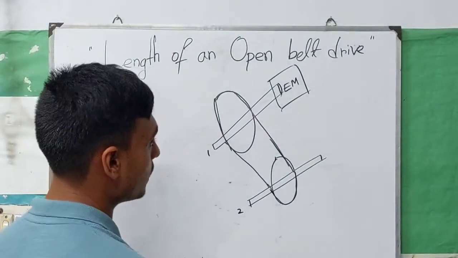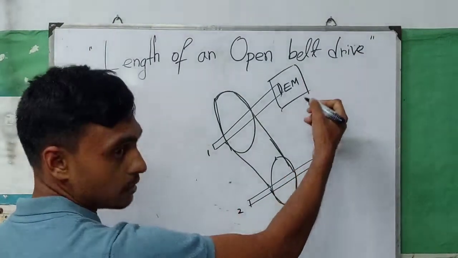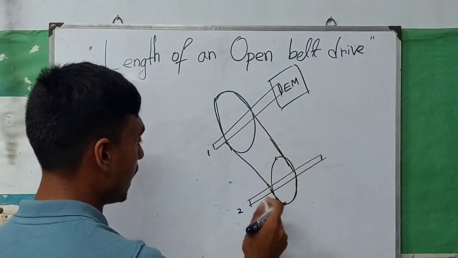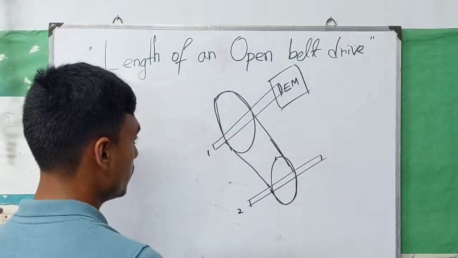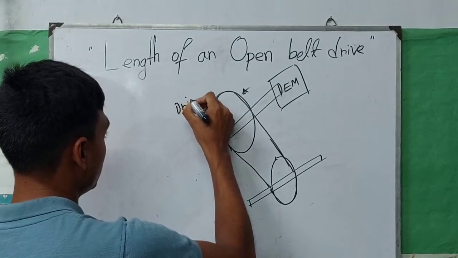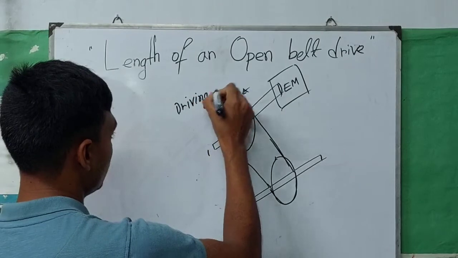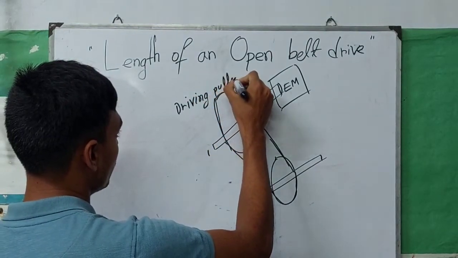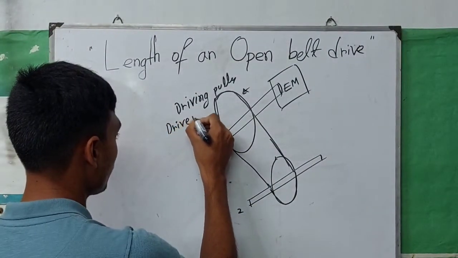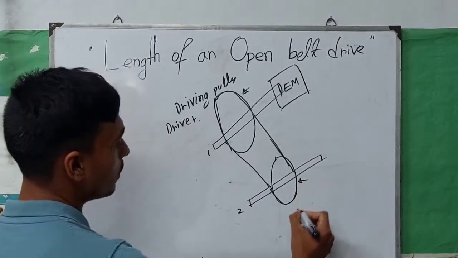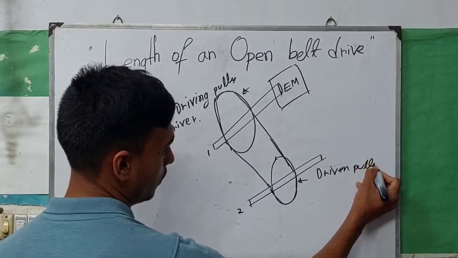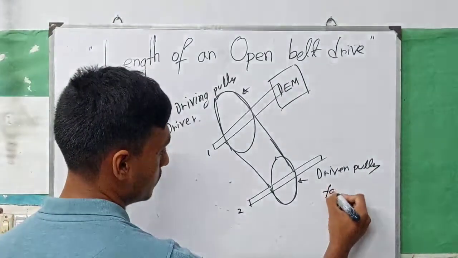Here is our electrical motor, and the power is given here and the output power is transmitted here. So this is our driving pulley, or simply written as driver, and this is called the driven pulley, simply called the follower.